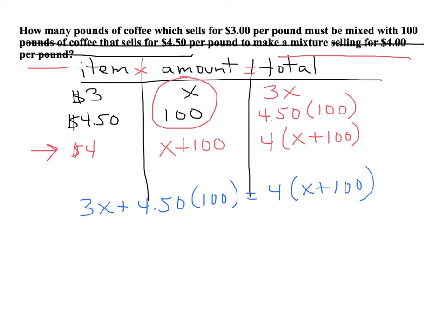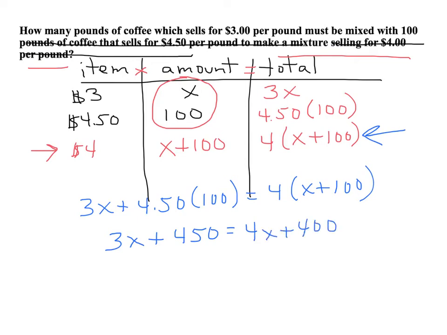Notice that in this chart we used 3 different rows. We used the third row to help us figure out what the value of that mixture was going to be. Now I would just continue to solve this, and I'm going to do that fairly quickly. I get 3x plus 450 is equal to 4x plus 400.